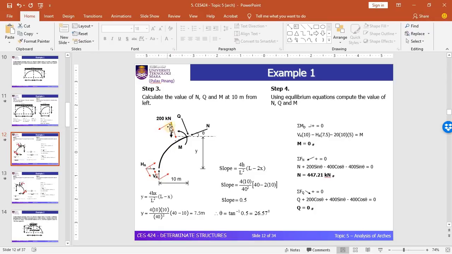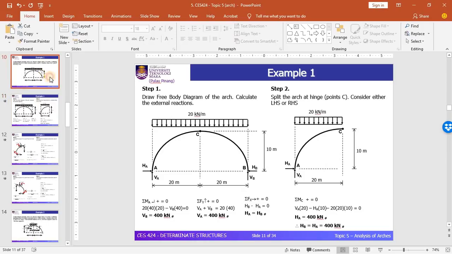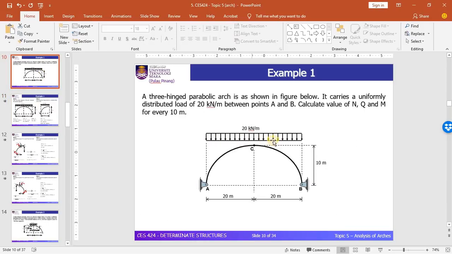This is the 200 kilonewton load, which has been changed from the UDL. You need to convert the UDL into an equivalent point load. In the equation, we have 20 kilonewton per meter.